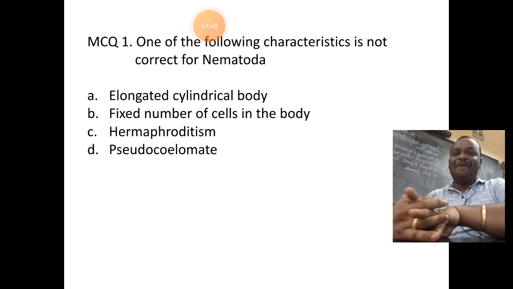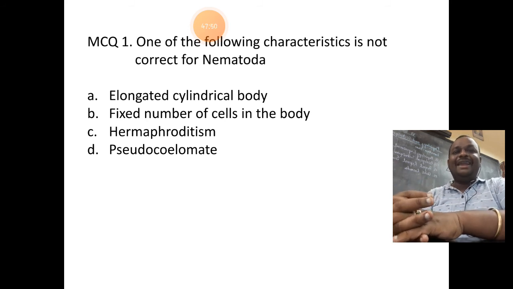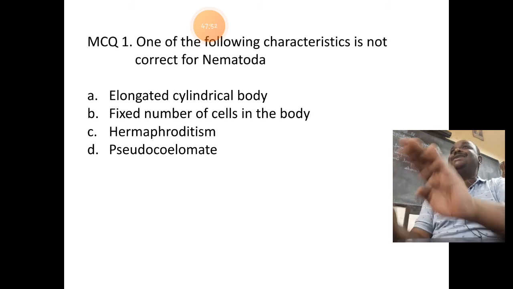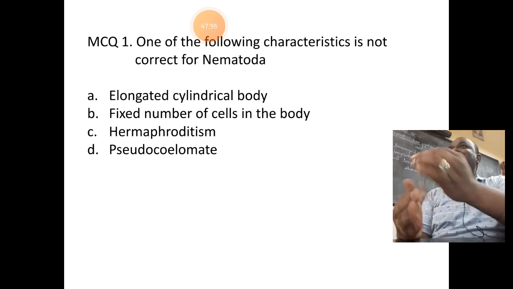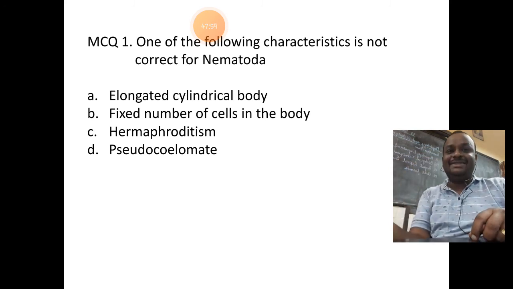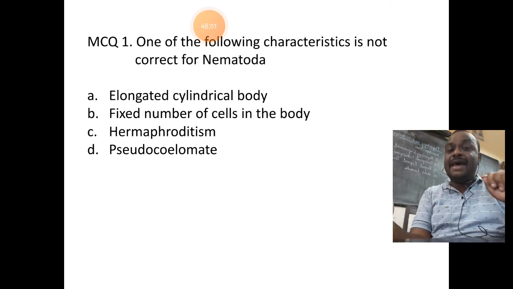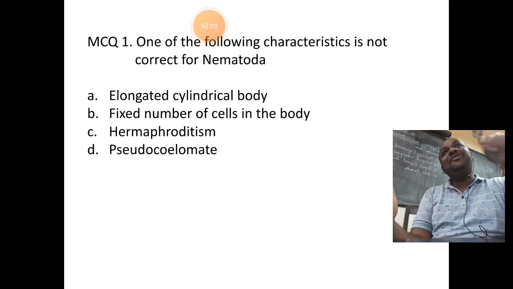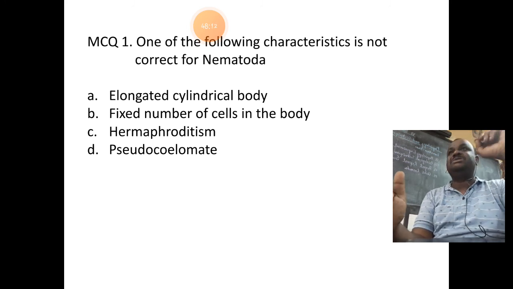One of the following characteristics is not correct of Nematoda, which is not related to Nematoda. Elongated cylindrical body, it is related. Fixed number of cells: remember students, the body of nematodes has a fixed number of cells with reference to the systems.